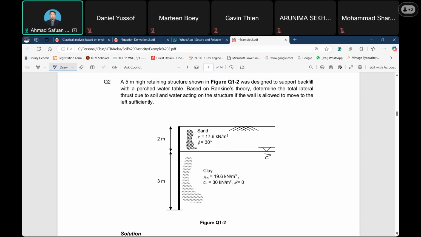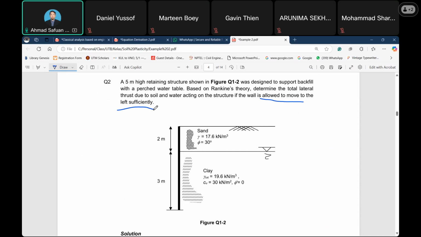So in this case, they mentioned that the wall is allowed to move to the left, which means it is the active condition. So we need to use the active equations to solve this problem.